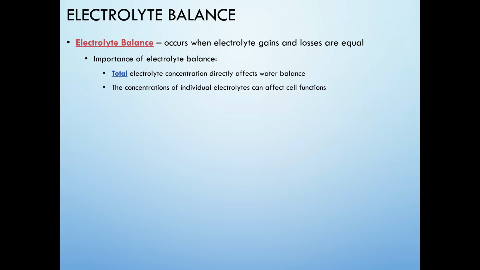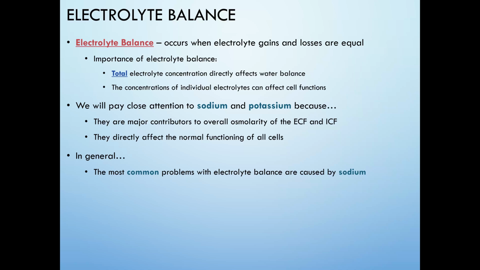For example, when we talked about neurons, sodium and potassium are both essential ions for generating action potentials. They're also important for muscle contractions and the functions of several other cell types within the body. In general, the most common problems with electrolyte balance are caused by sodium, but the less common but more dangerous problems are caused by potassium.